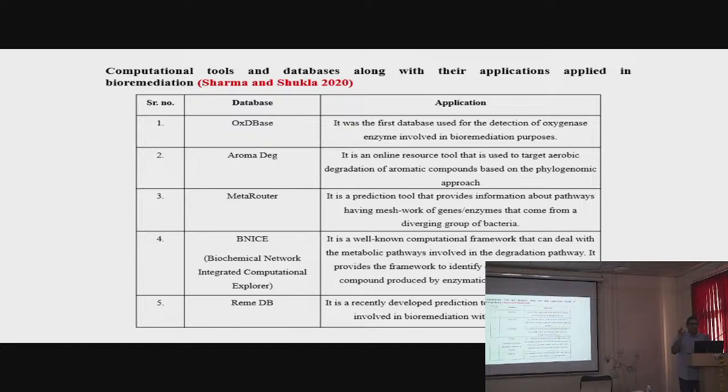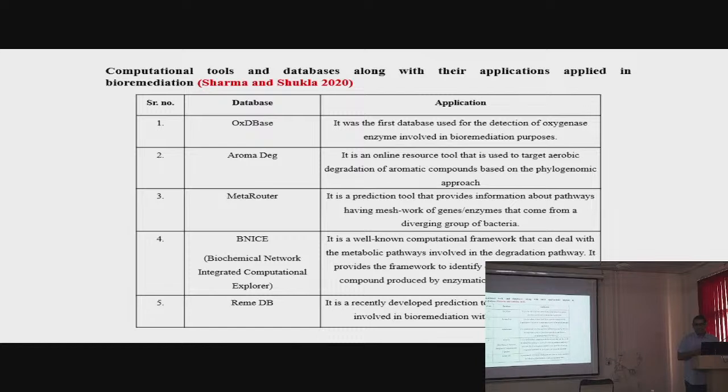And one thing I always tell my students, and I tell myself also: the best part of working with computational biology is that the computer will never slap you. Whatever command you give, it will never slap you or ask why you gave that.